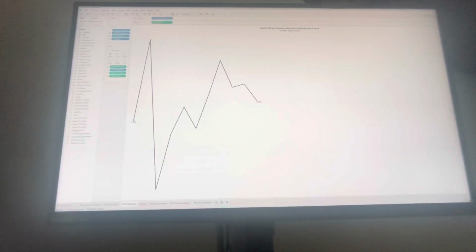I have another line showing the total profit. And again, this one is 2014, but on the final dashboard, I have it set to where it's interactive. Here is just a simple little table showing the overall categories and the sales within the US.